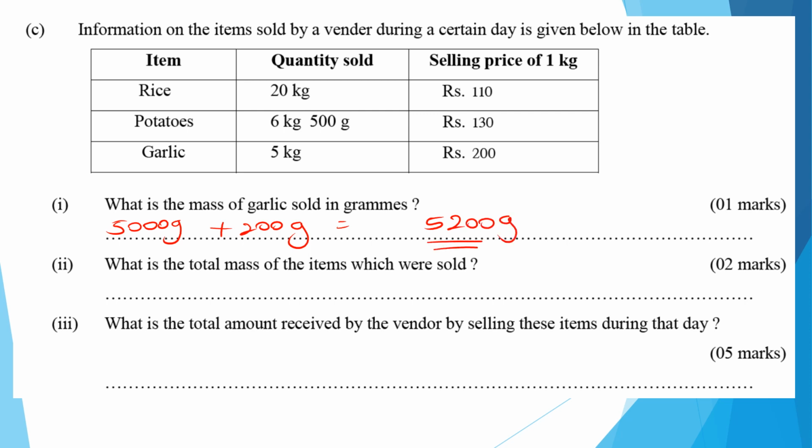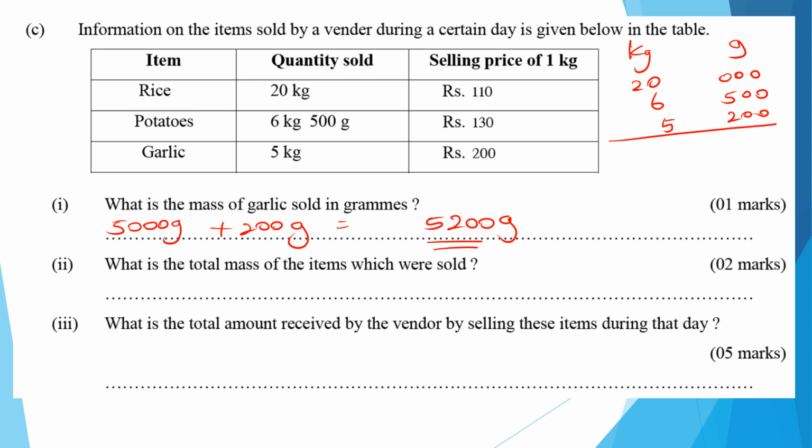So what is the total mass of the items which were sold? That means you have to add all these masses. So let's add kilograms here, grams here: 20 and 0, 0, 0, and here 6 and 500, and here 5 and 200.